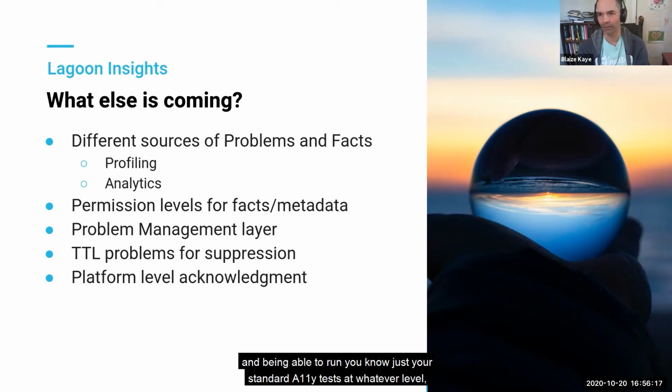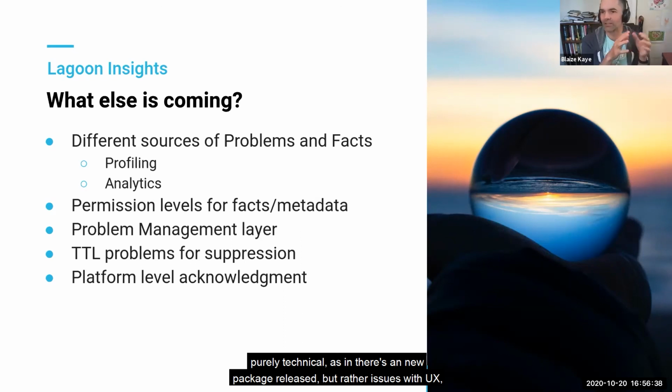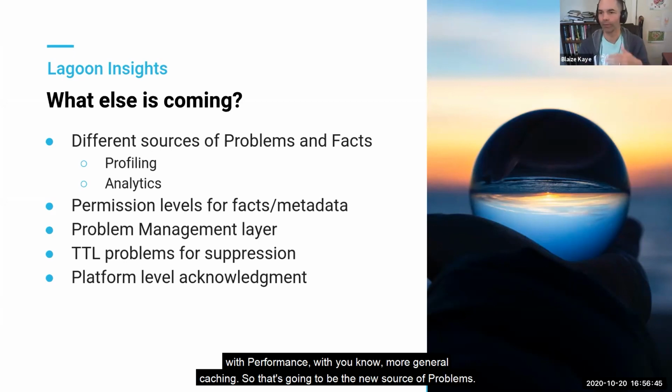Being able to run your standard automated accessibility tests at whatever level gives you some sense of the accessibility issues on your site, and that can be generated and pushed into the problems DB. So we're looking at sources that aren't purely technical, as in there's a new package released, but rather issues with UX, with performance, with more general caching. So that's going to be the new sources of problems.